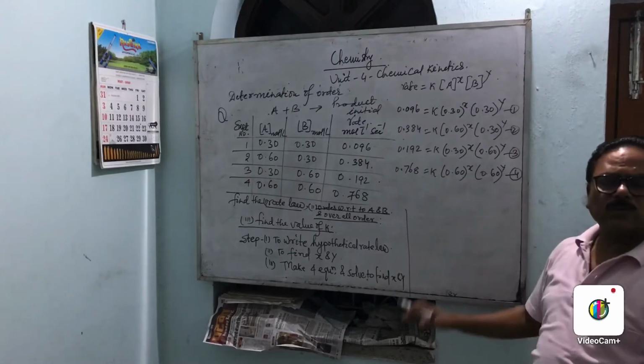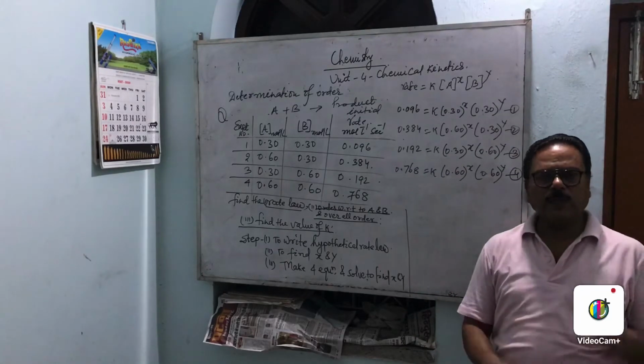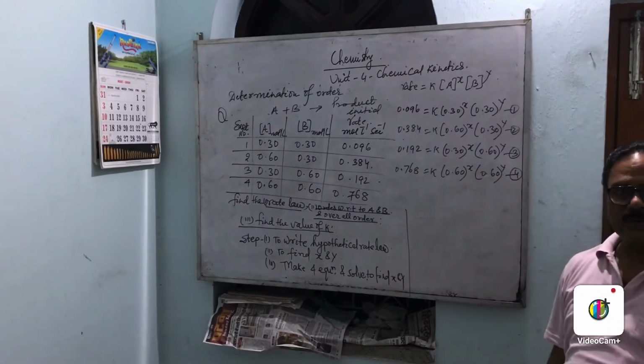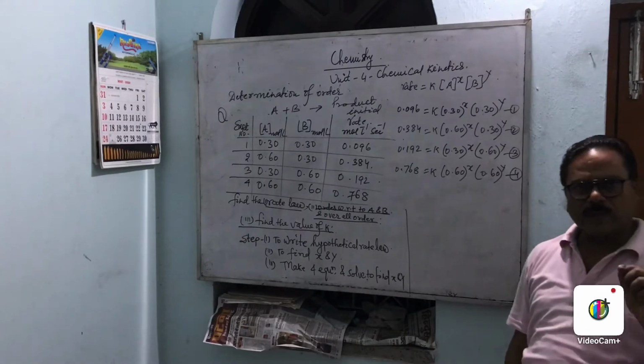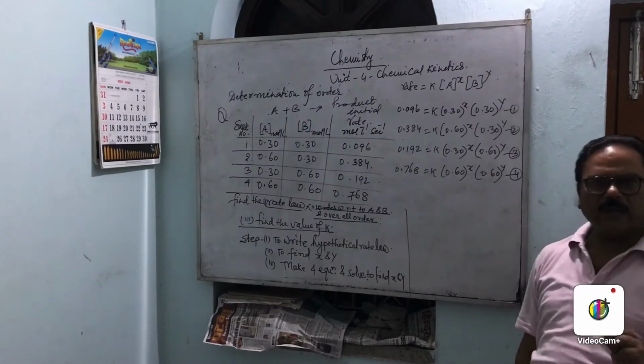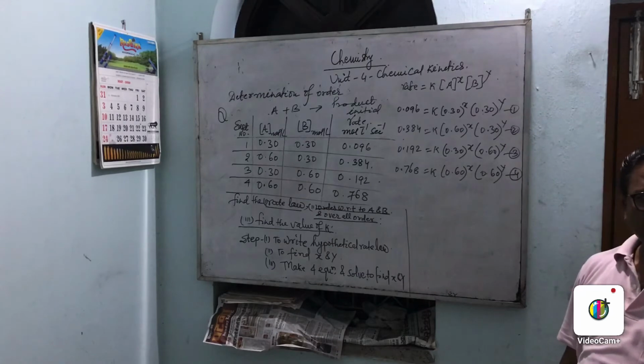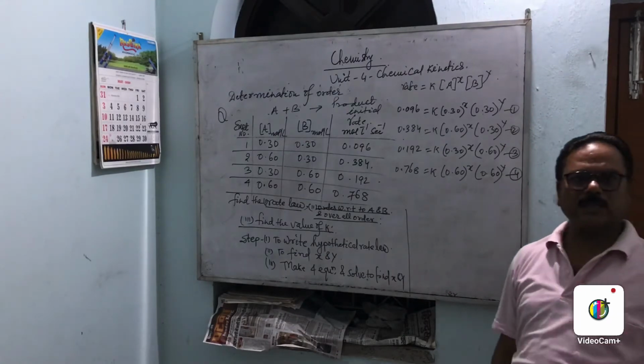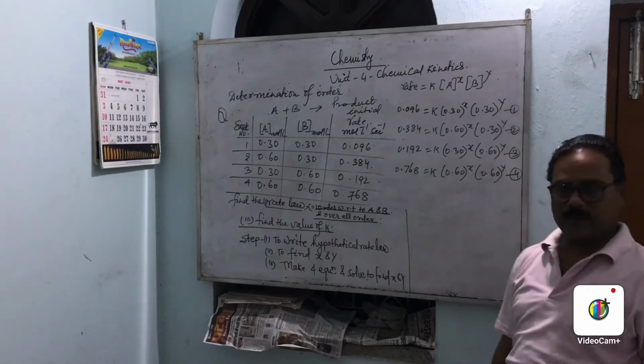Now we solve the equations in such a way to find the value of X, because order is always an experimentally determined fact. It can never be imagined, never guessed, and can never be written on the basis of the balanced chemical equation.